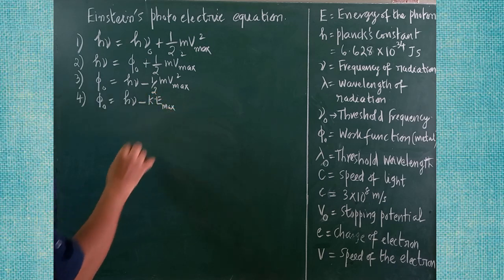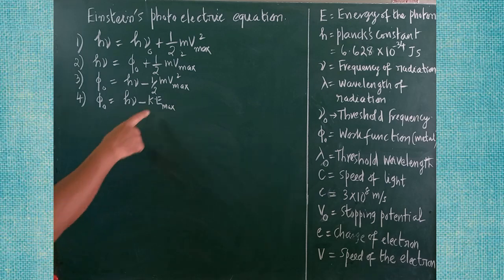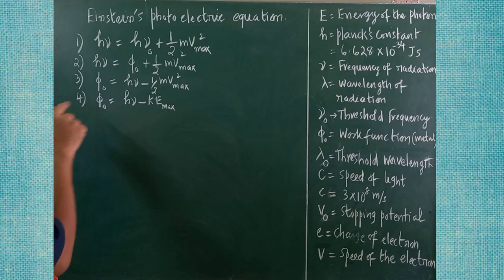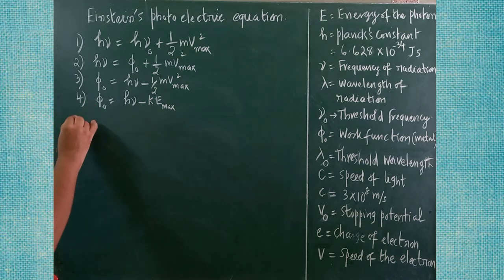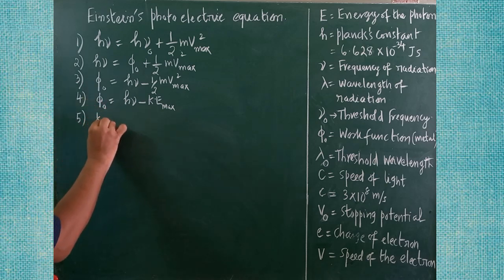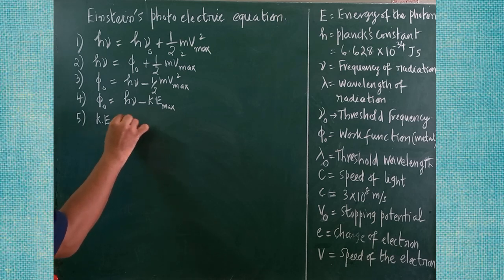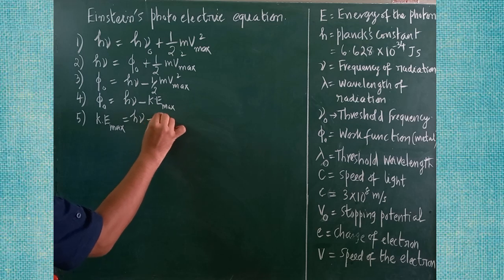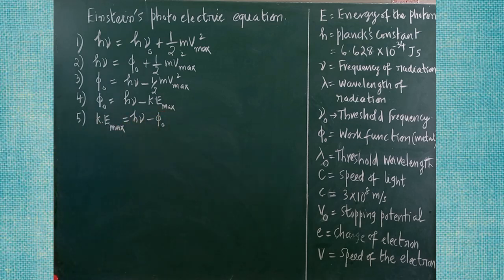Sometimes in a problem, maximum kinetic energy will be given and frequency of the incident photon will be given, and we will be asked to find out the work function of the metal. Are you clear? And then fifth one, from this above formula, the maximum kinetic energy of the photoelectron can be obtained, that is h nu minus phi naught. This is the next formula available.